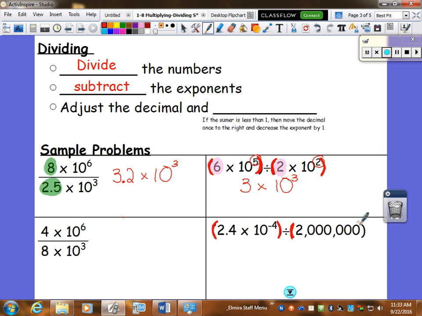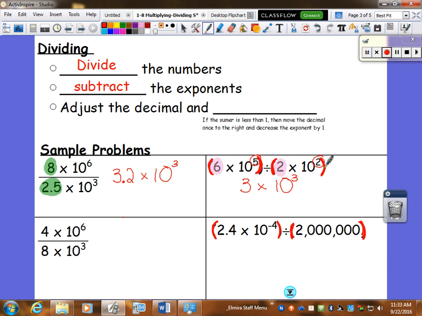If you do not type the parentheses into the calculator, you will get the wrong answer. I'll say that again. If you do not type these parentheses exactly the way you see them into the calculator, you will get the wrong answer every time. You must type the parentheses.